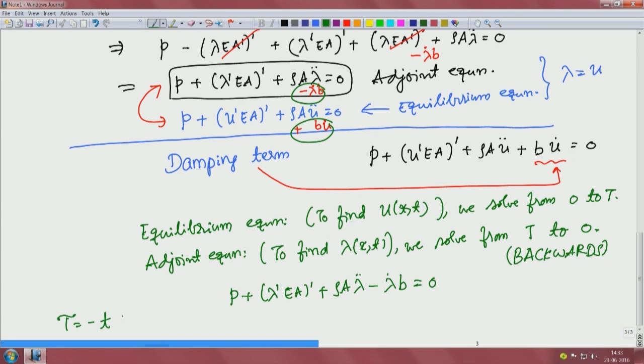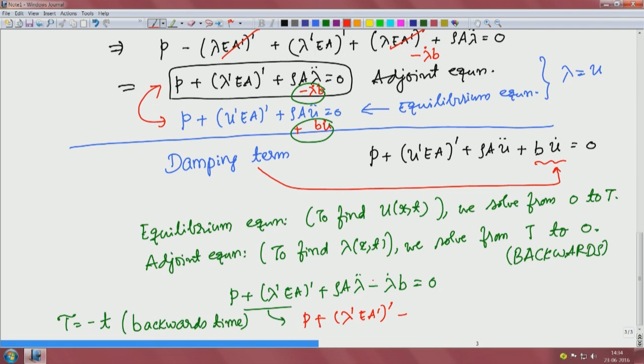Tau is minus time, backwards time. If you do that, how does this equation change? p does not change, and lambda prime E a prime has no dependence on the time. So, that also is just fine.